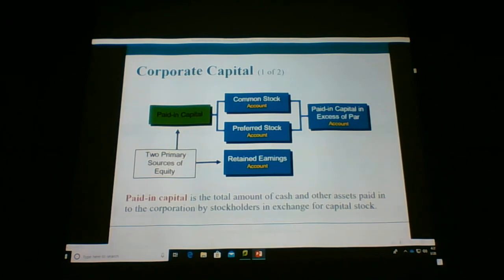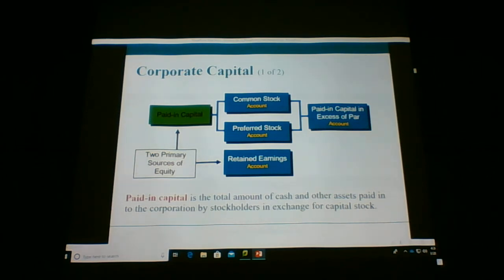And then we have further complicated things by saying we're also going to show you that some owner investment is classified as common stock, and some owner investment is referred to as preferred stock. And if that's not good enough for you, we're going to make it harder by breaking this down further into this concept of paid-in capital in excess of par over here on the right side of the screen.